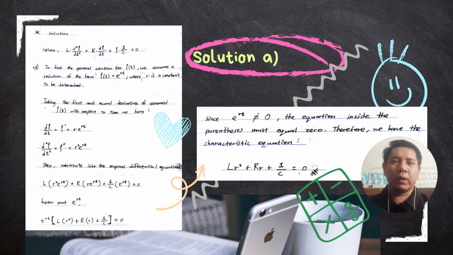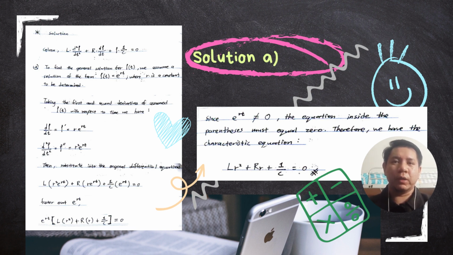Then substitute into the original differential equation. We get L times r square e^(rt) plus R times r e^(rt) plus 1 over C times e^(rt) equals 0.